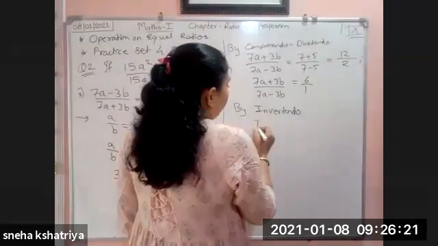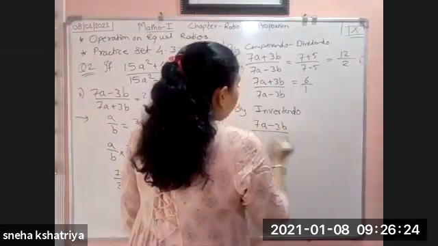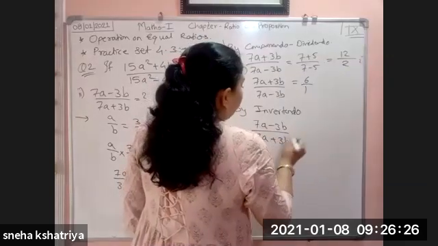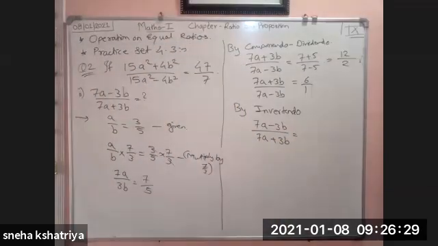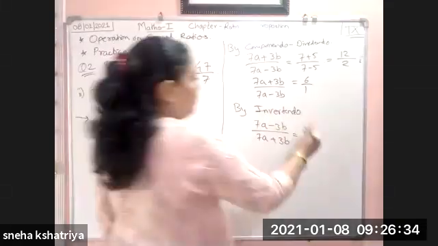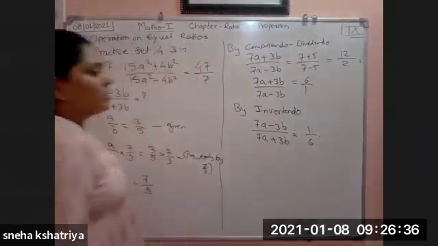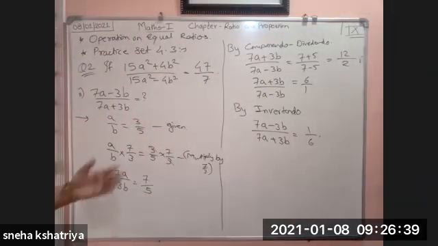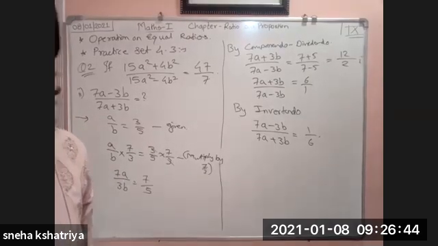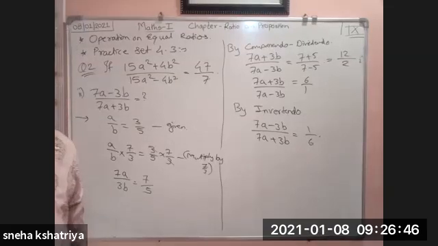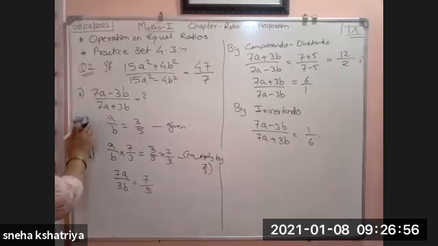So by invertendo, we get 7A minus 3B upon 7A plus 3B. Just as on the left, the same thing at the right hand side: 6 upon 1 was there, so it becomes 1 upon 6. So very, very easy kind of examples are there. We'll take the second example, b square minus 2a square.